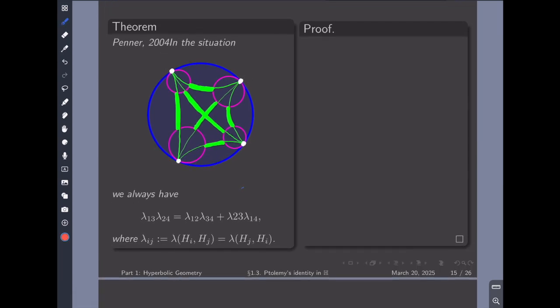Yeah. So now I'm going to start with 4 horocycles based at 4 different points on the circle at infinity.